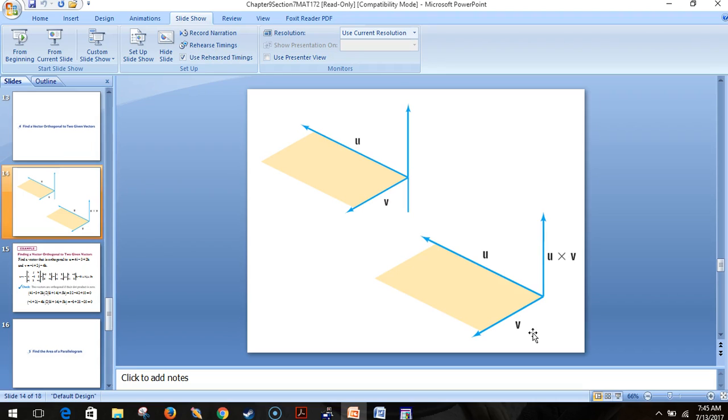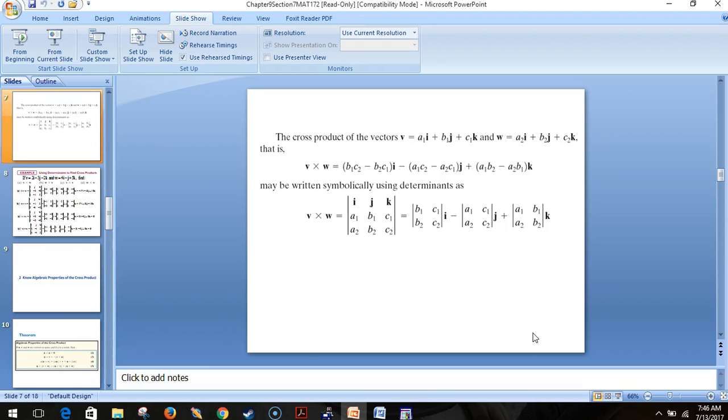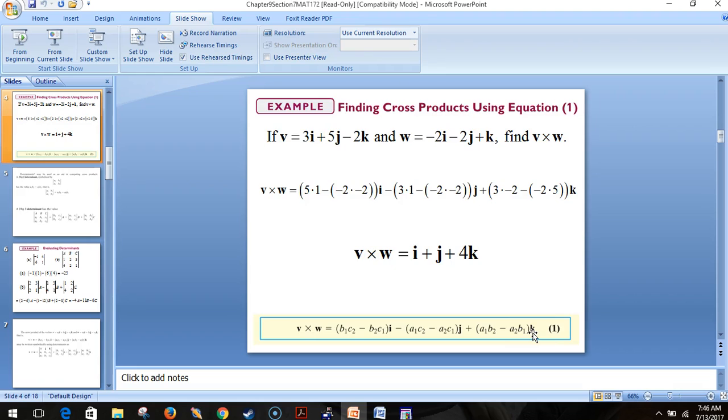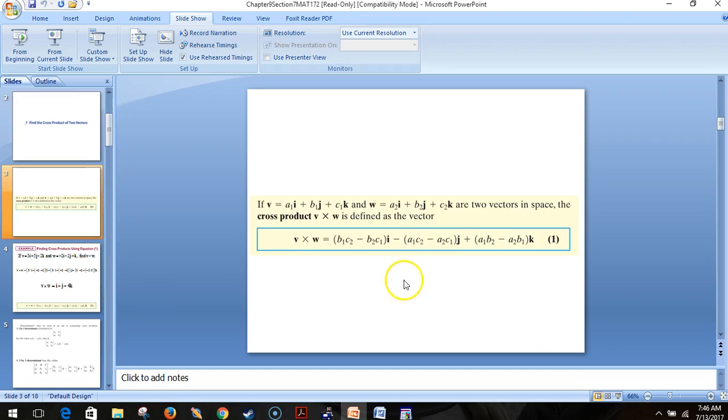We're going to use determinants to help us out, but we're not going to be able to use our calculator because our first row is going to be i, j, and k. We know a couple of things about how to find a cross product. It's not really too bad. We're going to do something that looks like this, even though this looks pretty bad.